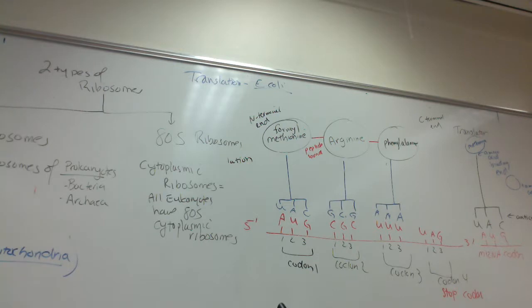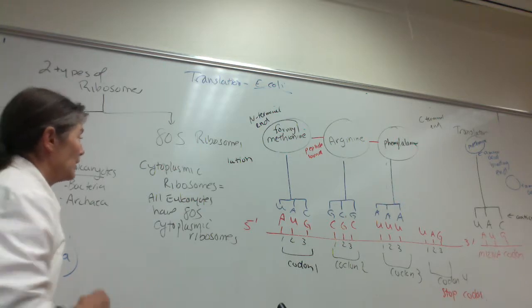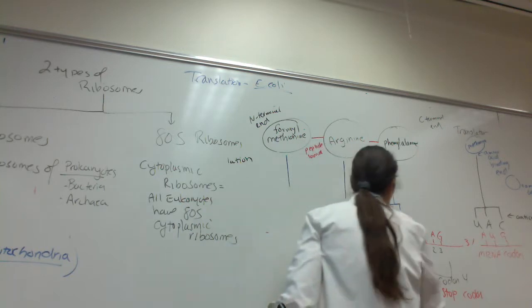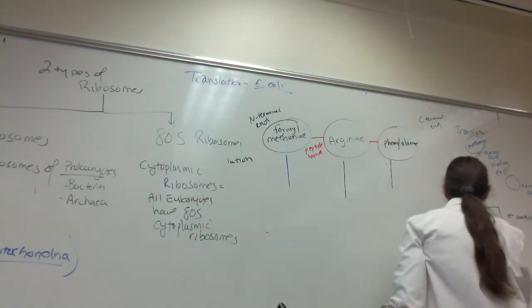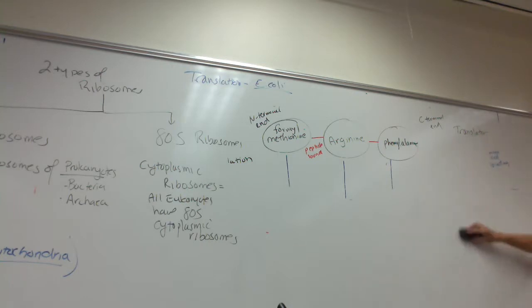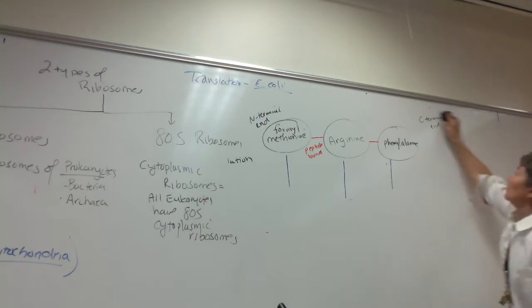Now, for lecture exam 2, folks, I would like you to know the size of the two subunits. So it turns out ribosomes are made up of two subunits, a small subunit and a big subunit. And for lecture exam 2, I just want you to know the subunits for the prokaryotic, the bacterial ribosome.